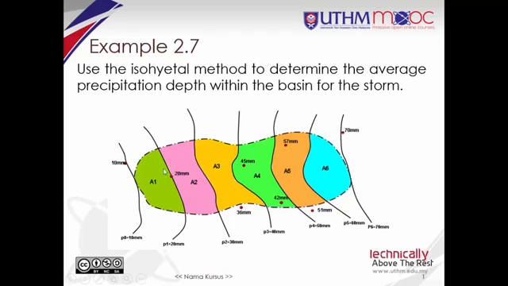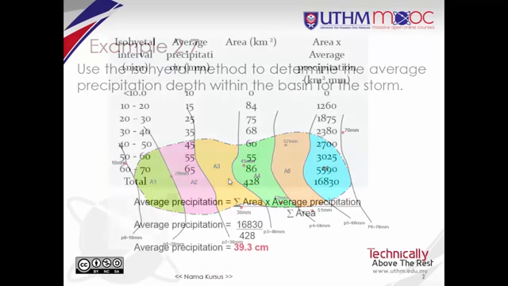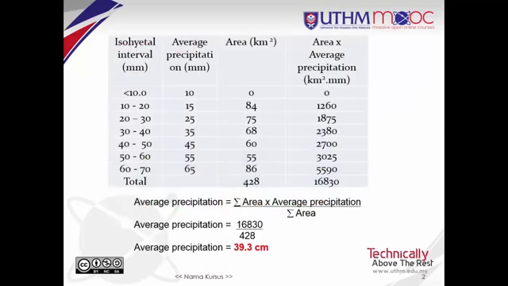Determine the area between each pair of isohyet lines. So all this information I put in this table: the isohyetal interval, the average precipitation, and the area. Then multiply the area between each contour by the average precipitation in the area to get the rainfall volume.